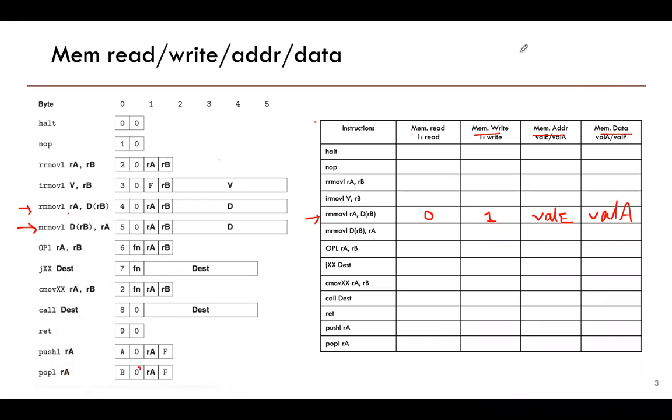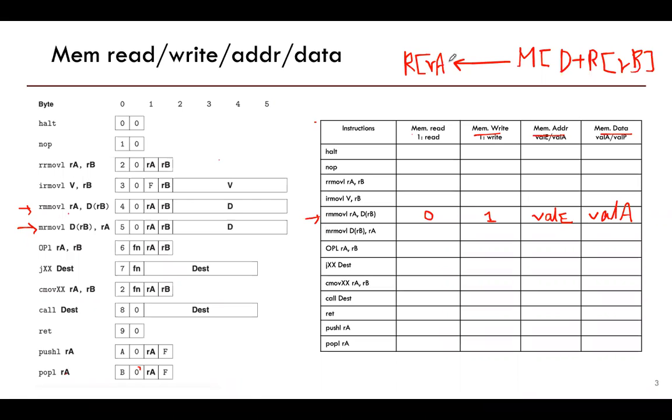First, we read data from memory. So from memory, and what is the address? The address is D plus the register value of what? RB. And then this value goes to register what? RA.